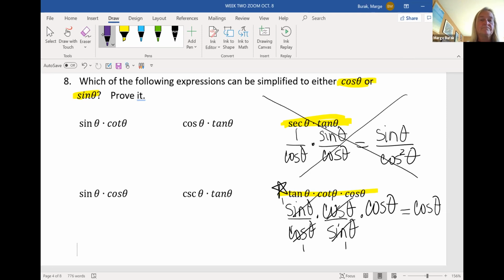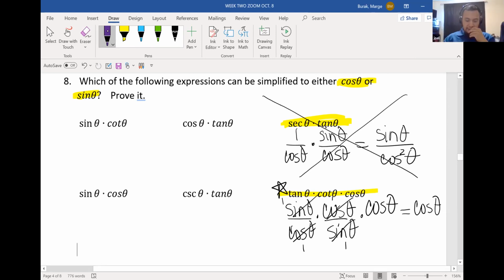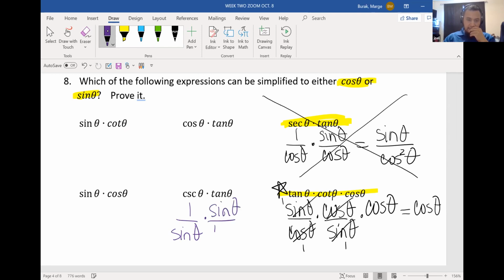I tried to do cosecant and tangent theta. For cosecant I got 1 over sine theta, and for tangent I got sine theta over cosine theta.